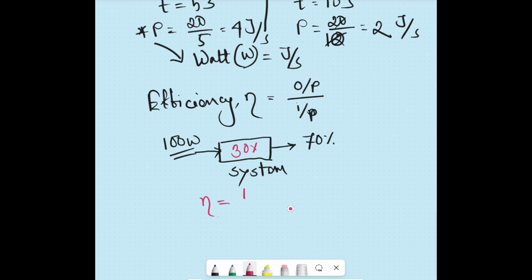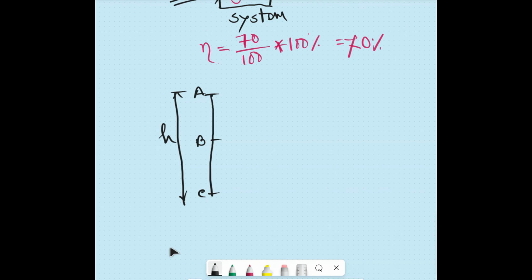Efficiency equals output over input times 100%, so this will be 70%, and 30% is lost.